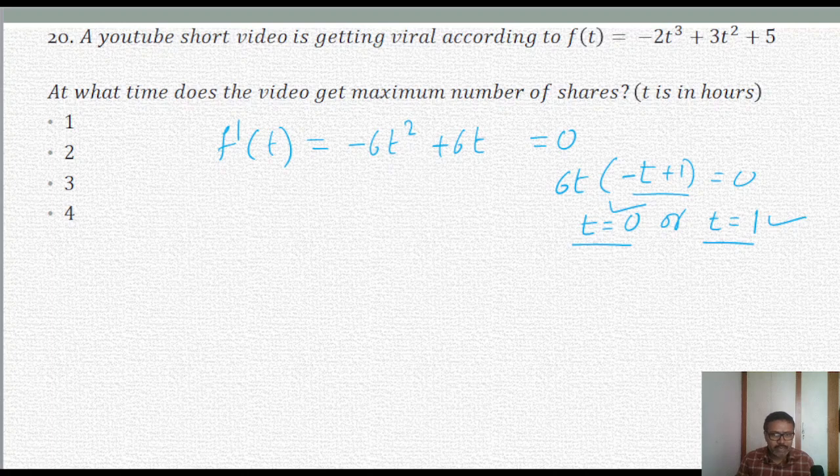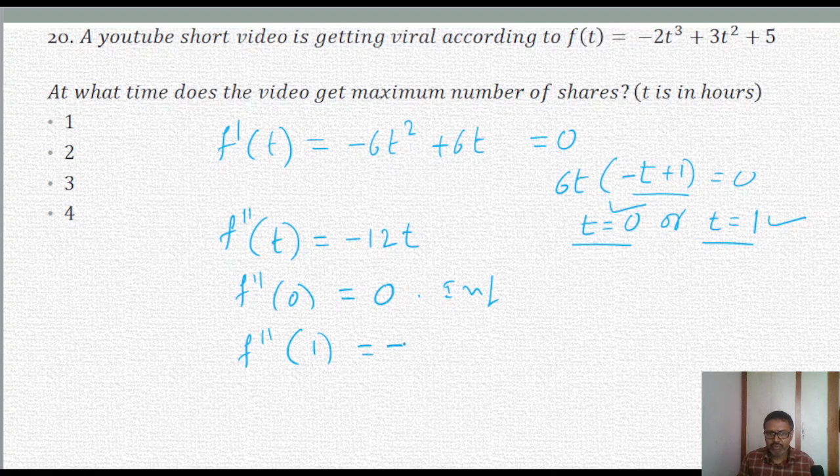Directly here only you can decide, but the actual method is to go with f double dash of t is equal to minus 12t. So f double dash of 0 is 0, which is a point of inflection. It is not giving anything for us. So f double dash of 1 will give you minus 12, which is less than 0.